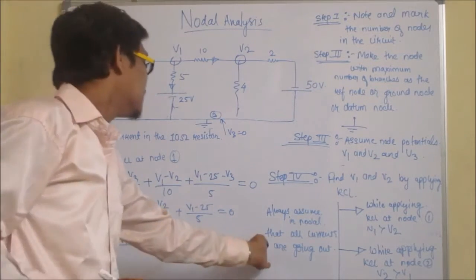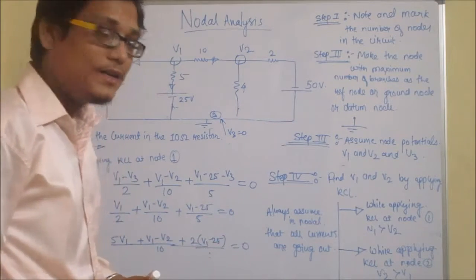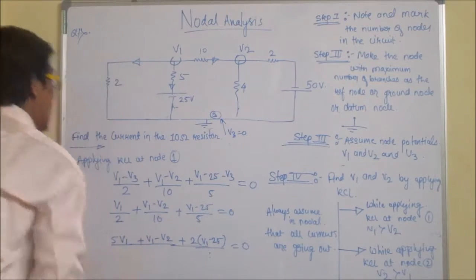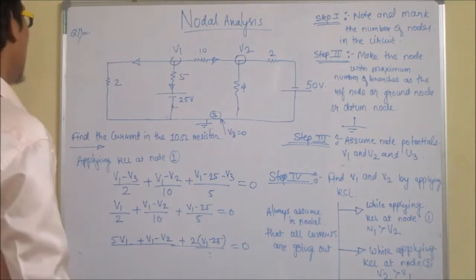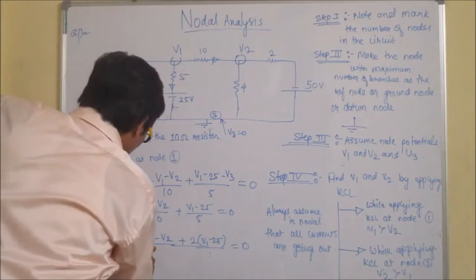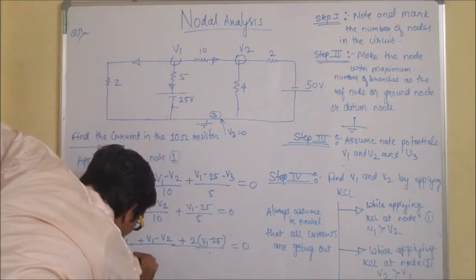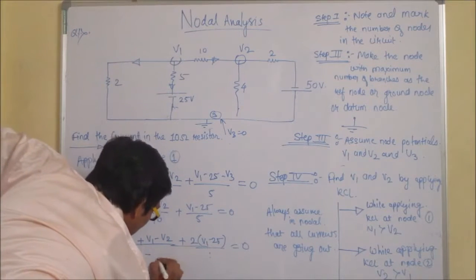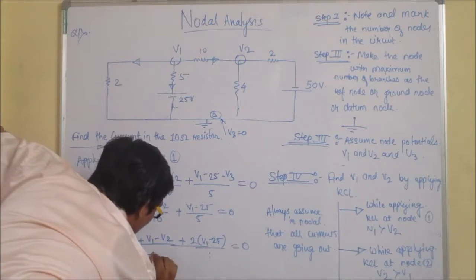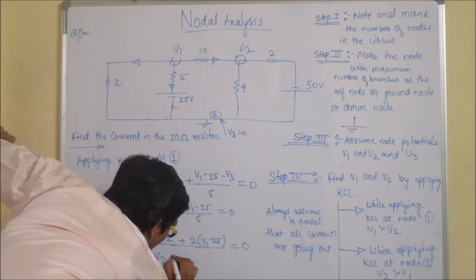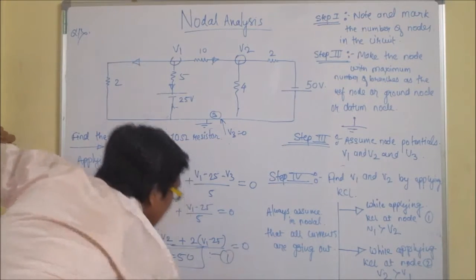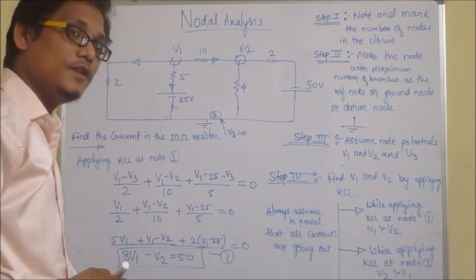Now I will take this 10 to the right hand side, so that it will be multiplied by 0, which is 0. Therefore this 10 will get removed. Now I will simplify this equation: 5 plus 1 is 6, plus 2 is 8, 8V1 minus 2V1 minus V2 is equal to 50. This is my first equation.